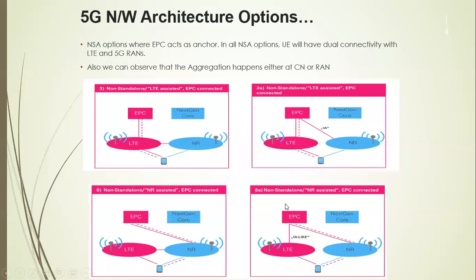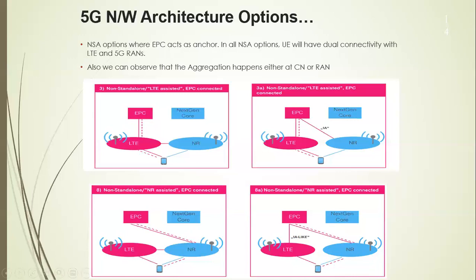In the option 8A, here also there is no 5G core, the same old EPC core with an upgraded version. It has to communicate with the NR G node B. Here the EPC has EPS bearers both with the E node B and the G node B, but still the signaling part will happen over the G node B EPS bearers.